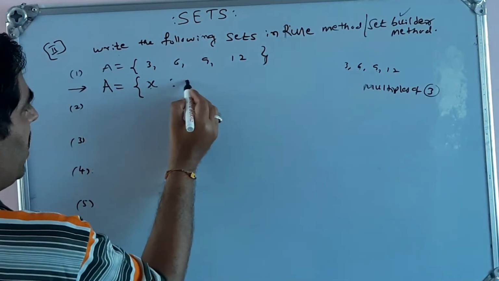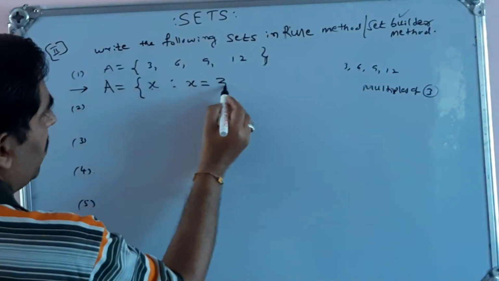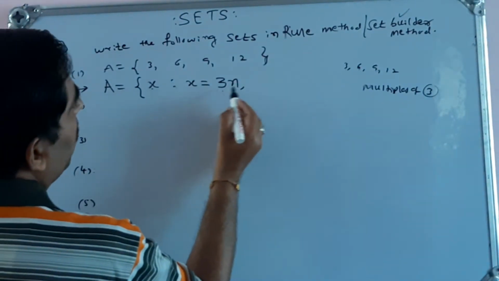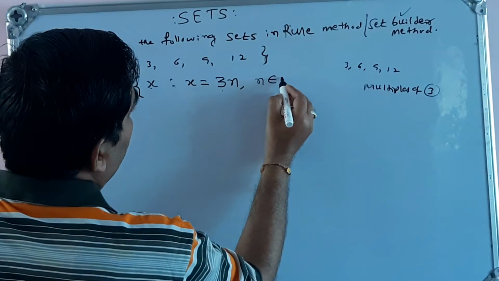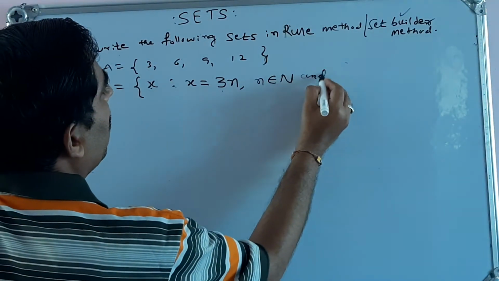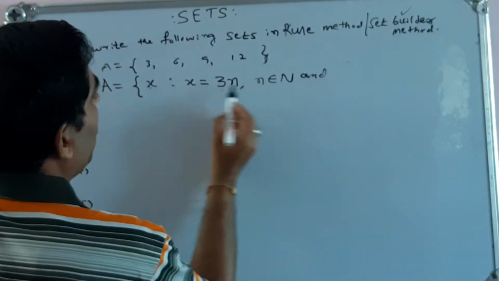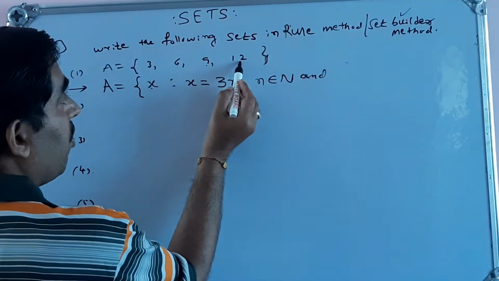That means x such that the element can be represented as 3n, where n belongs to the natural number set. 3 ones are 3, 3 twos are 6, 3 threes are 9, 3 fours are 12.